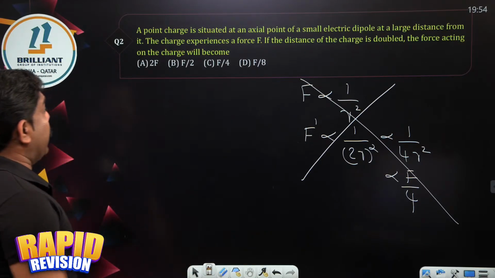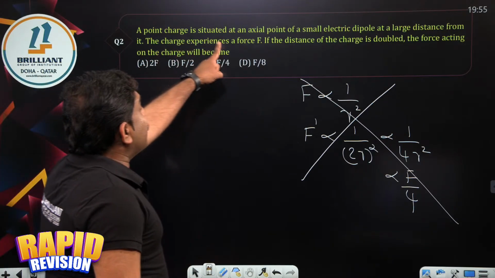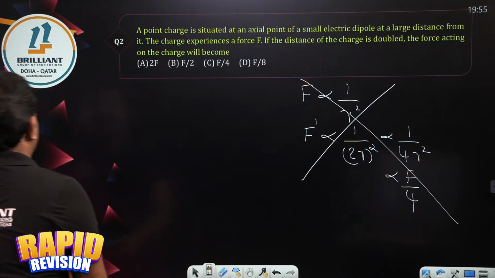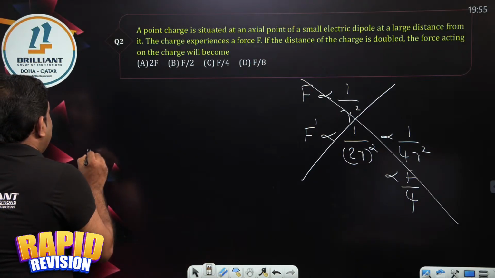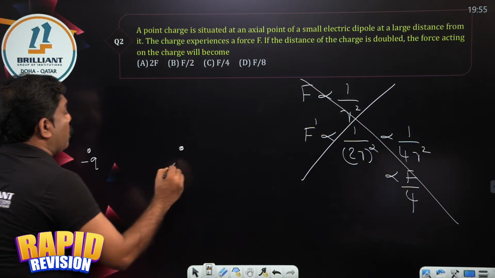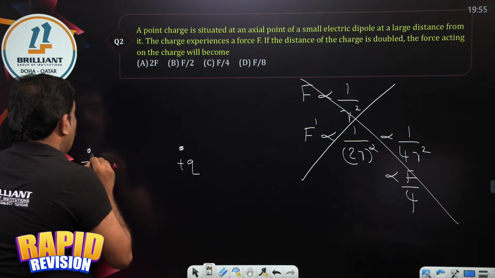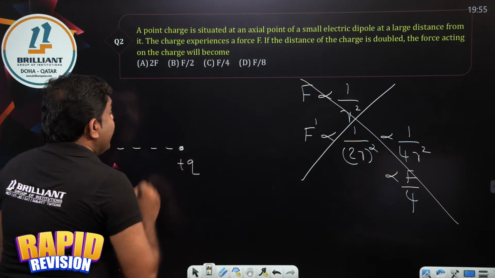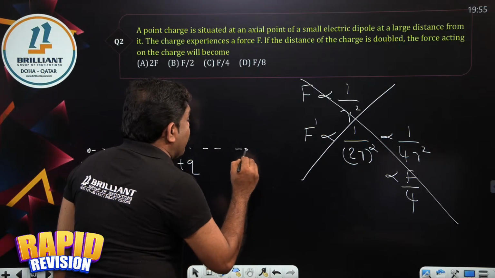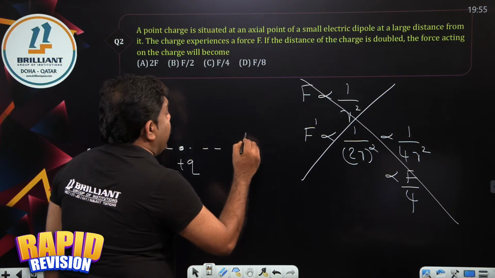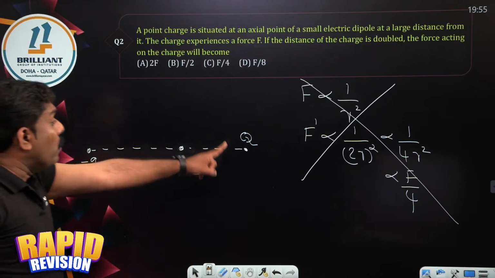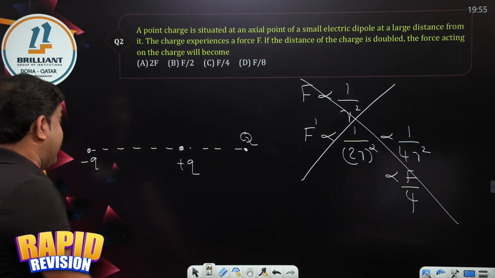The reason is that, look, here the point charge is kept at the axial point of an electric dipole. So we are considering an electric dipole here, with charges minus Q and plus Q. This is the dipole, and this is its axial line, the line along the axis. Suppose here we are keeping a charge capital Q. What is the force experienced by this charge now?